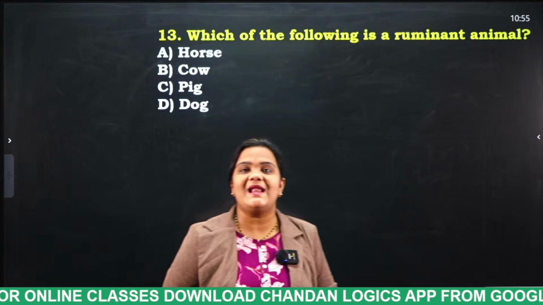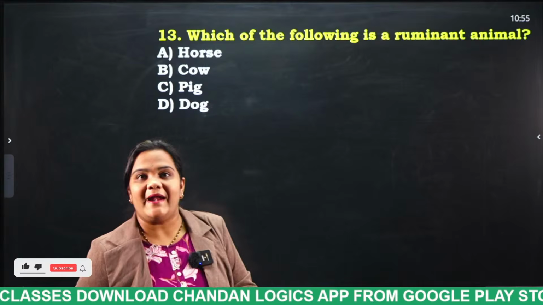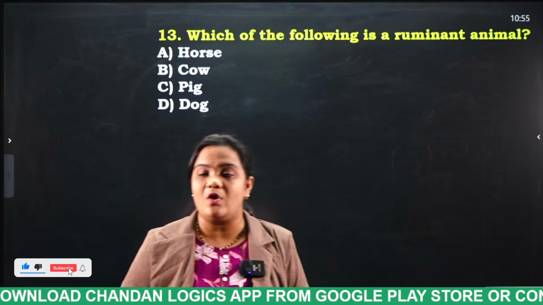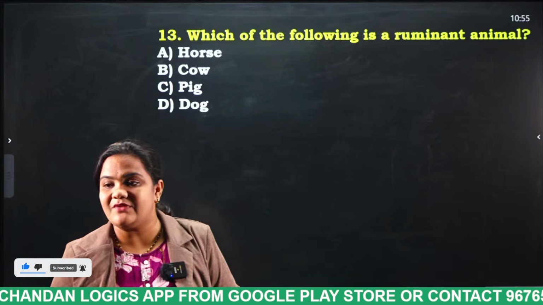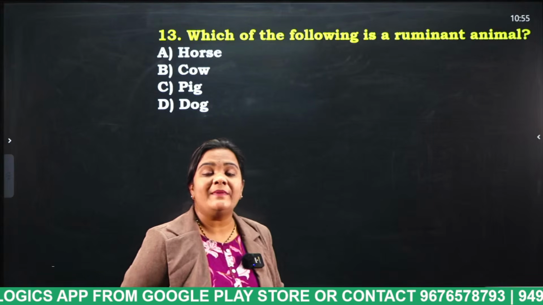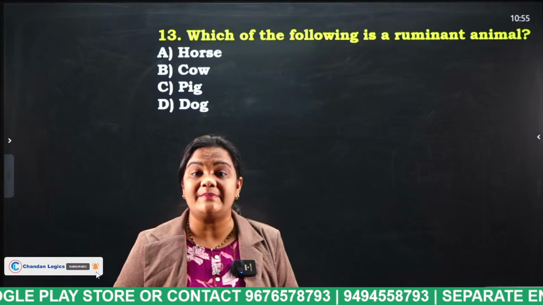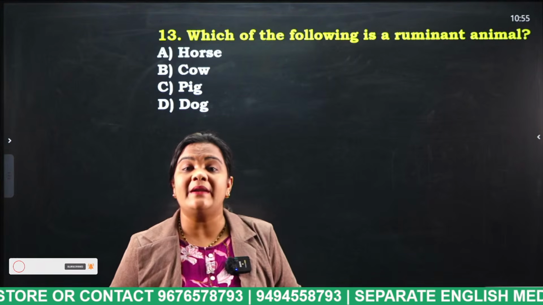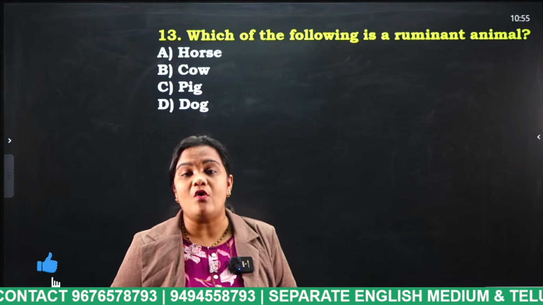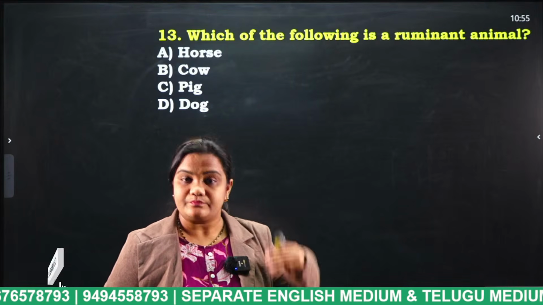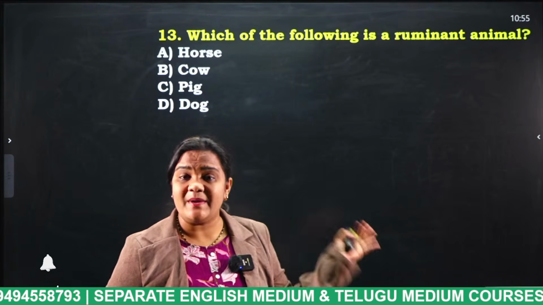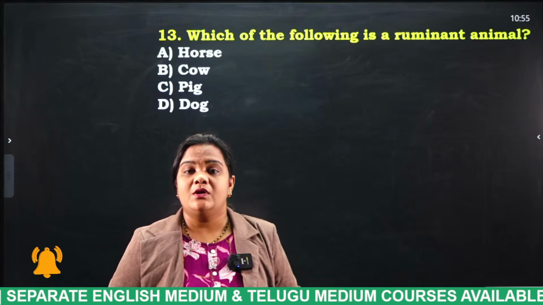Yes, skin is the largest organ and also the heaviest organ in our body. Now tell me what is the answer for this question, students. Ruminants are animals that have 4 chambers of stomach: rumen, reticulum, and so on.